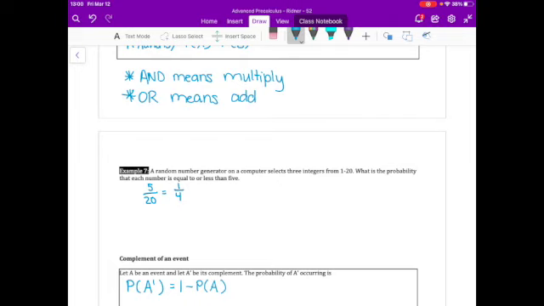And then I think about, I'm going to do that 3 times because it's selecting 3 integers. So my probability is 1/4 the first time, 1/4 the second time, and 1/4 the third time because all the numbers could spit out again and again and again. For a probability of 1/64.